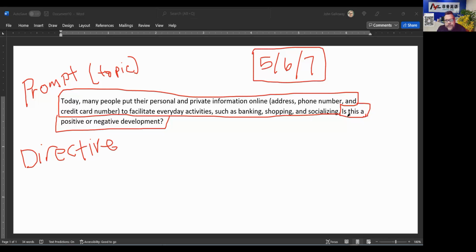Anyway, the language has changed over the years, dealing with, is this a positive or negative development? And for someone that's in the mid-band area, I would suggest it's probably better and faster and easier to just focus on a singular position and develop it pretty thoroughly.